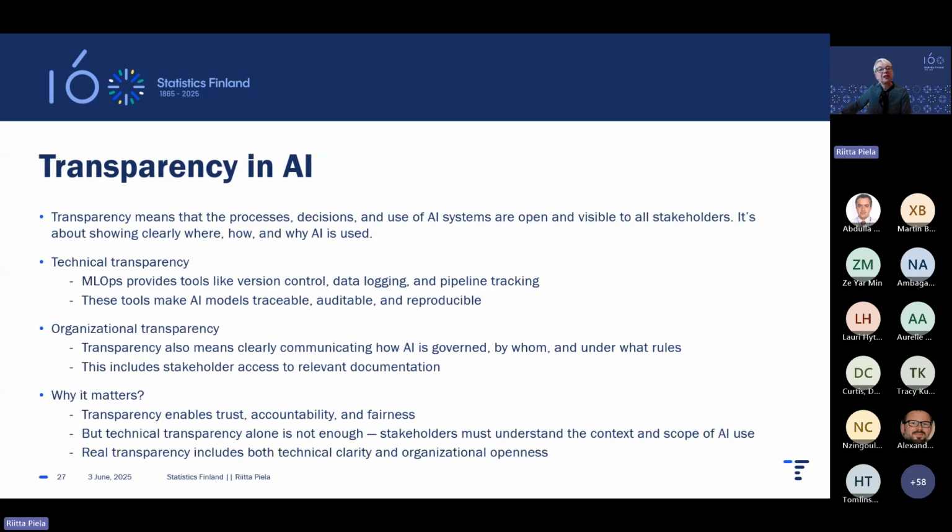It includes stakeholders' access to relevant documentation on how the statistical office has used AI in producing data, and why this matters. It enables trust and fairness. And again, technical transparency alone is not enough. Stakeholders must also understand the context and scope of AI use. So real transparency includes both technical clarity and organizational openness.